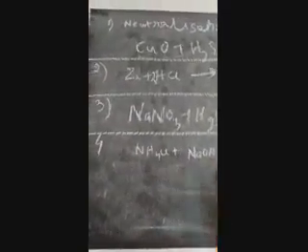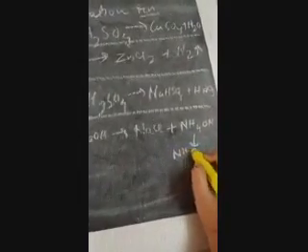What will it give? It will give you ammonium hydroxide and sodium chloride. Now sodium chloride is a salt, plus ammonium hydroxide. Now ammonium hydroxide, what will it do? It will liberate ammonia and water will be left. Ammonia will be released out.